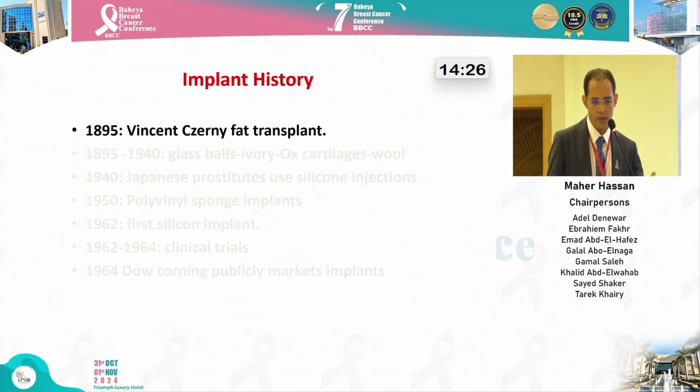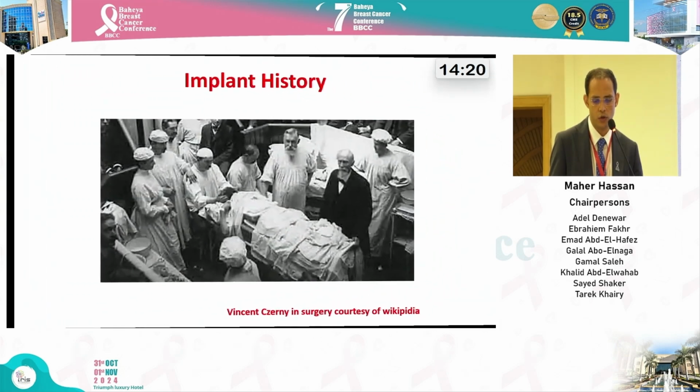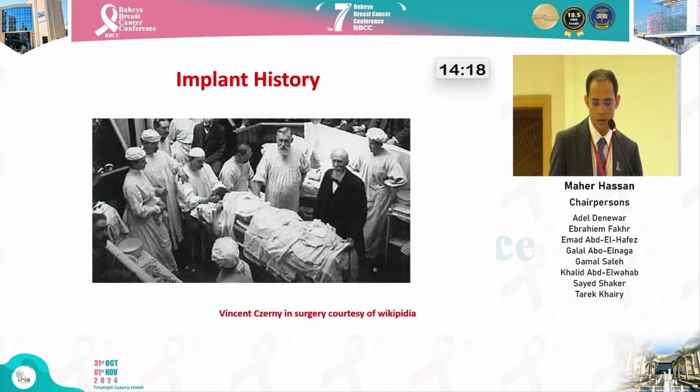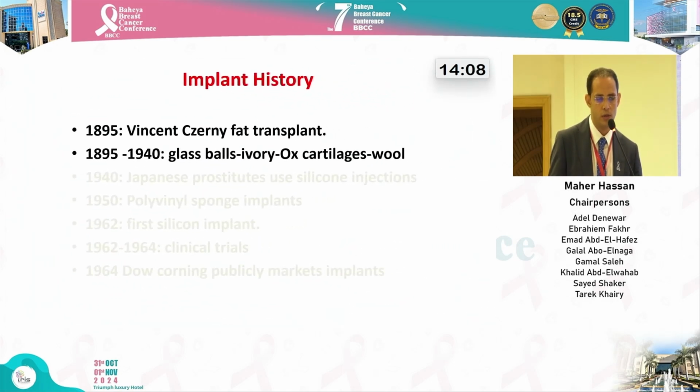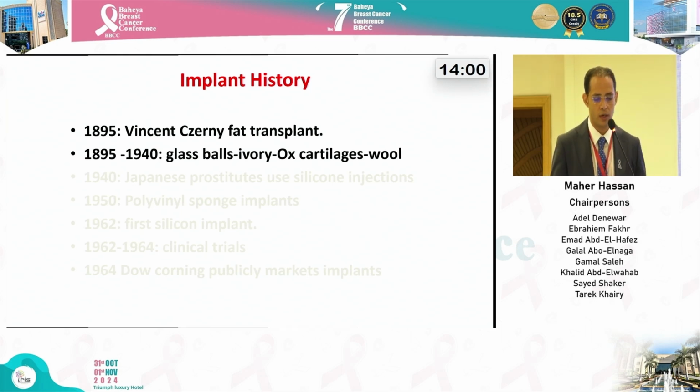So we'll go rapidly through the history of the implant that started in 1895 by Vincent Czerny, transferring a lipoma or fat to reconstruct the breast from the side of the patient. Then they started to use glass spools, ivory, or ox cartilage to reconstruct the breast.